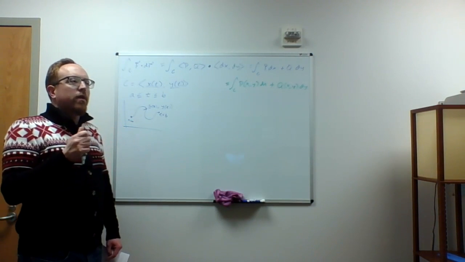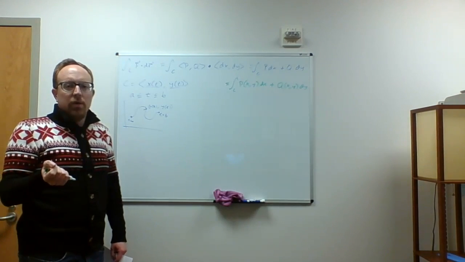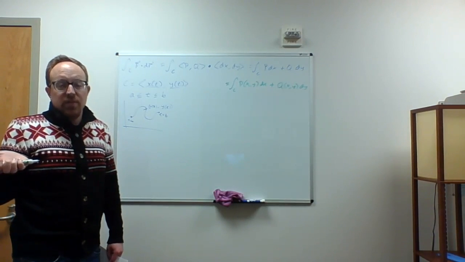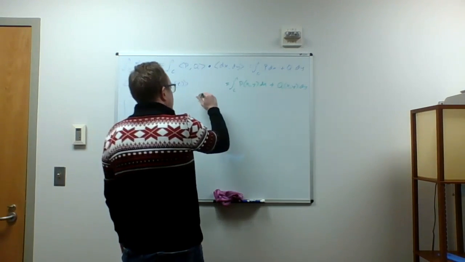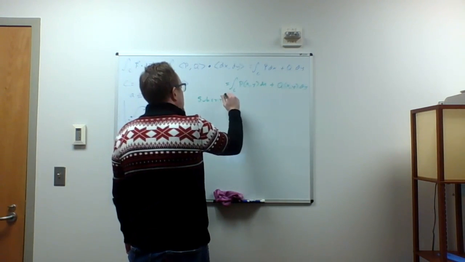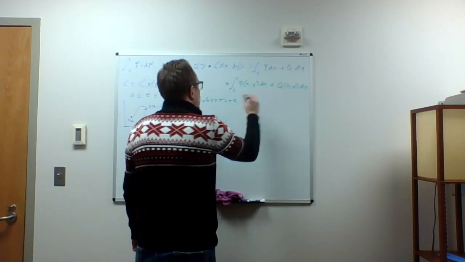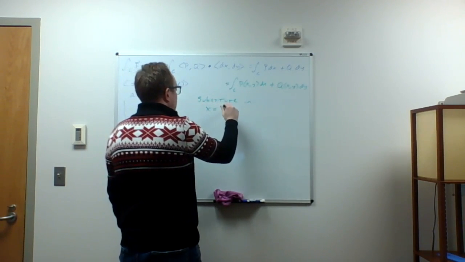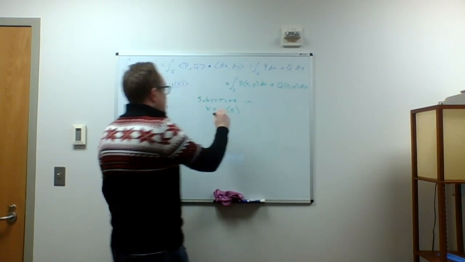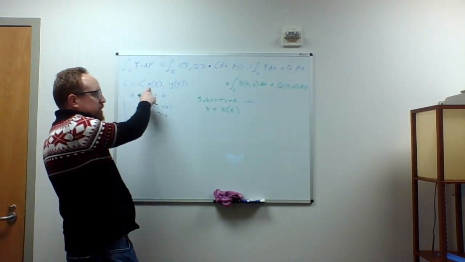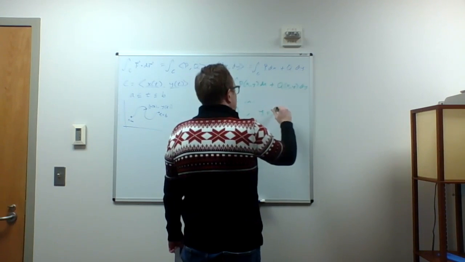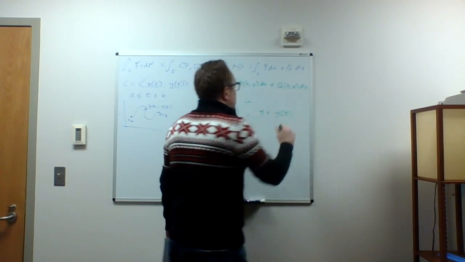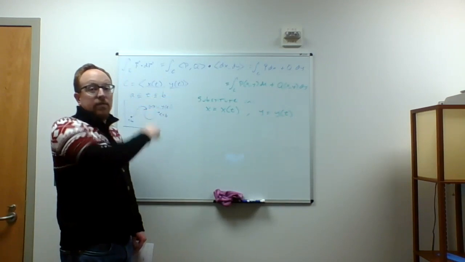That means that our x and our y coordinates are really just given by some functions of t. So we can literally substitute in x is whatever function is given in our parameterization for x of t. And also, simultaneously, y is whatever function is given in our parameterization for y of t.